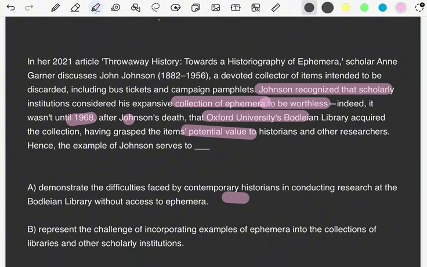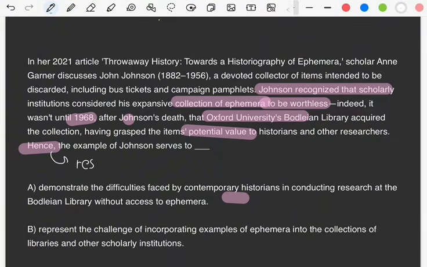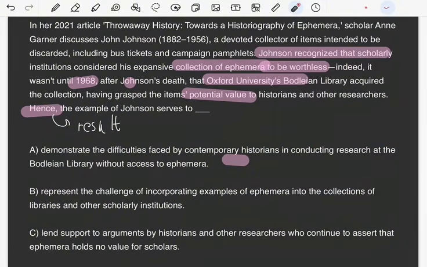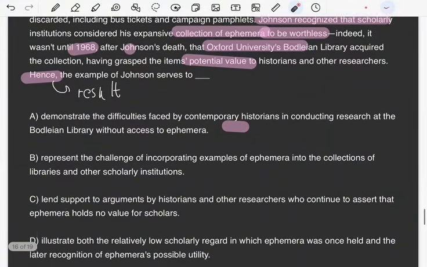Therefore, we see over here that hence or therefore shows the result. So we see that hence the example of Johnson serves. The logic over here says that it shows it went from something being worthless to valuable. Before looking at the options, I'll predict something like show how attitude towards ephemera changed from negative to positive, or demonstrate that scholars actually recognize the value in what they once dismissed.